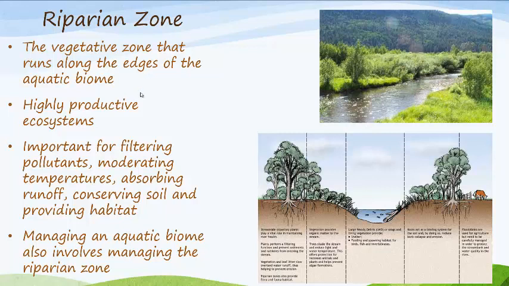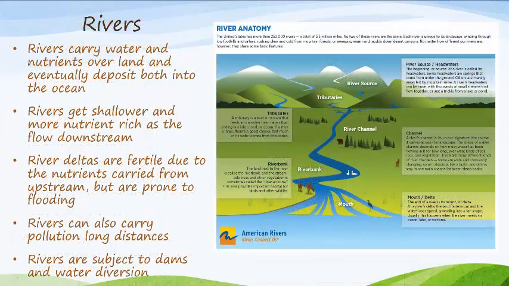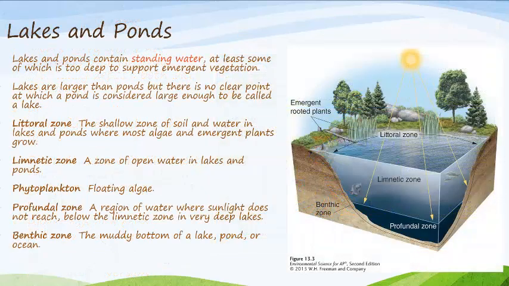The riparian zone is the part where all the vegetation is, which is very important for the third bullet: moderating temperature, slowing down runoff, conserving the soil and helping the habitat thrive. You're going to pause this and read a little more that I know you've probably learned about in middle school with rivers. Just remember your basics about a watershed.